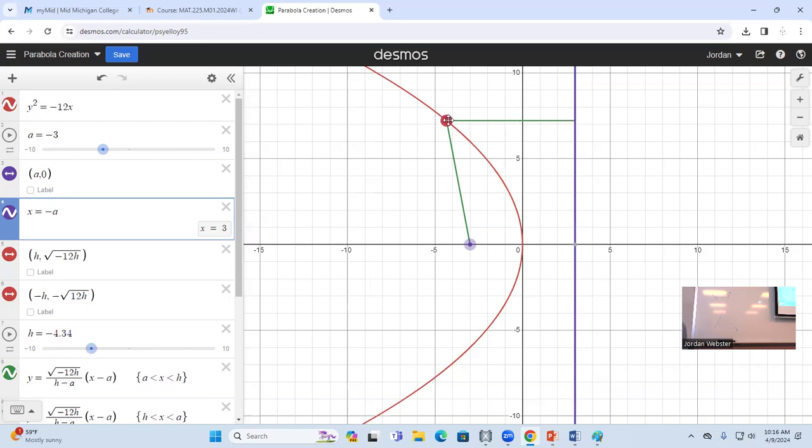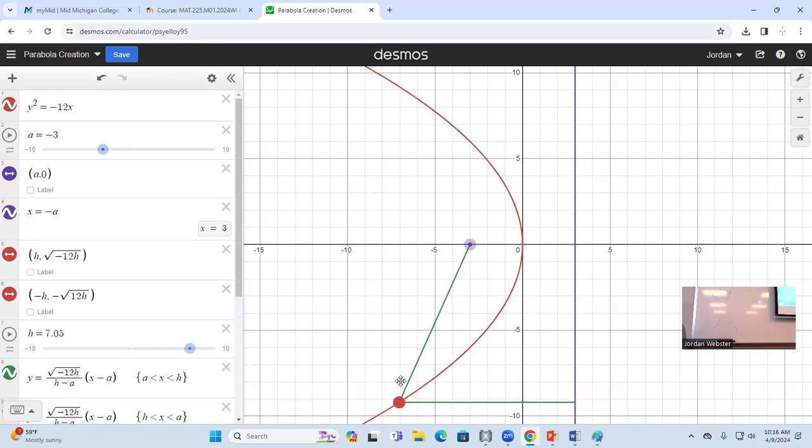So this distance and this distance are the same, no matter where I'm at. Let's say I wanted to stop here. There you go. These two distances, the distance from the focus to a point and the distance from the directrix to a point on the parabola, are going to be the same, no matter where the point is at.